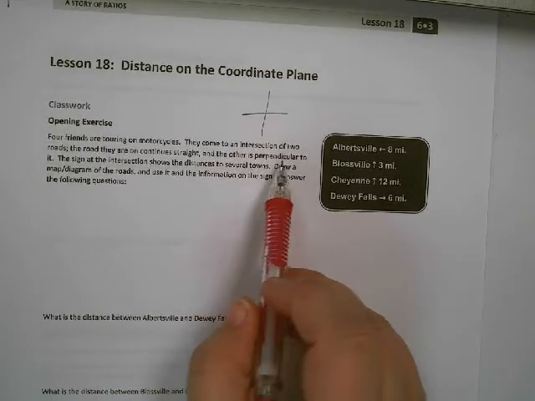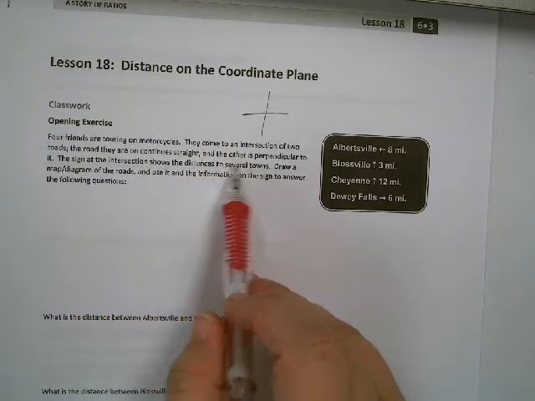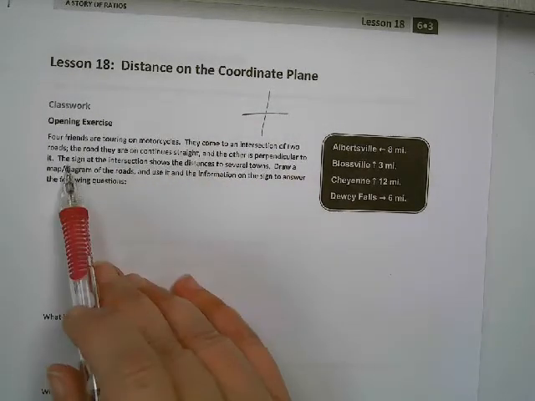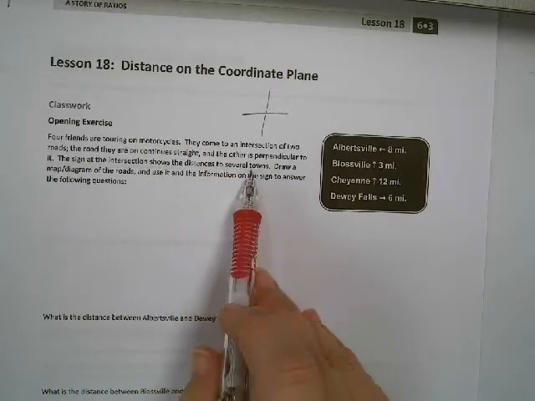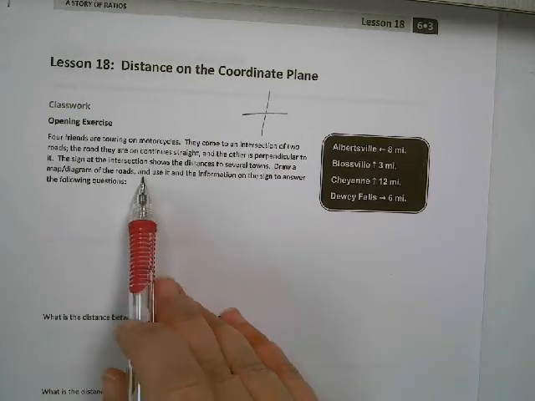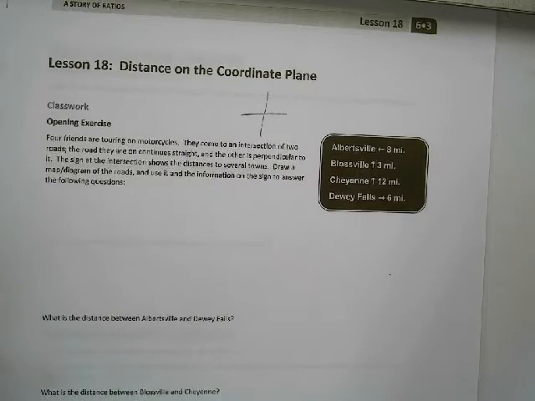The road they are on continues straight, and the other is perpendicular to it. The sign at the intersection shows the distance to several towns. Draw a map or diagram of the roads and use this information in the sign to answer the following questions.